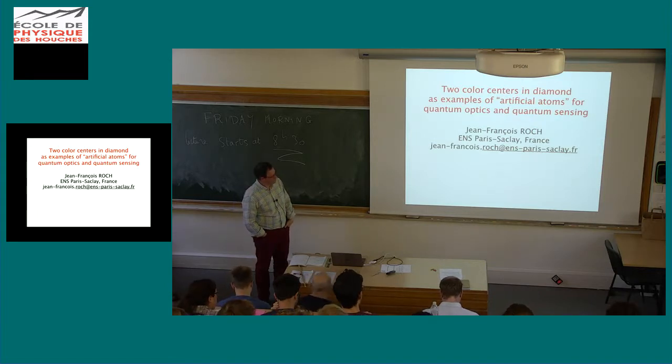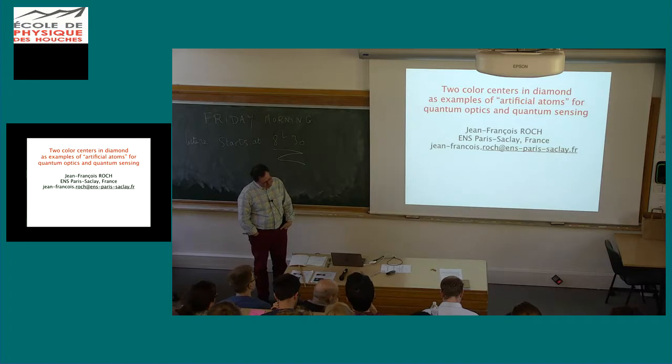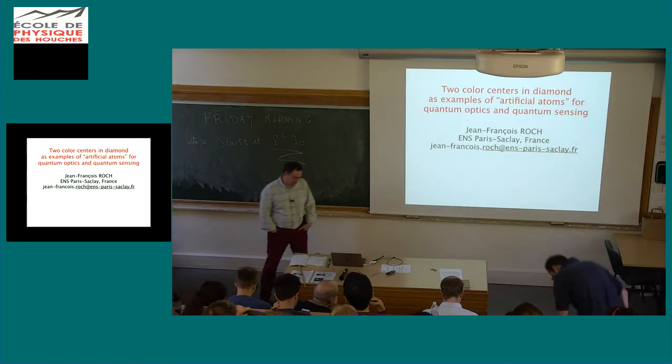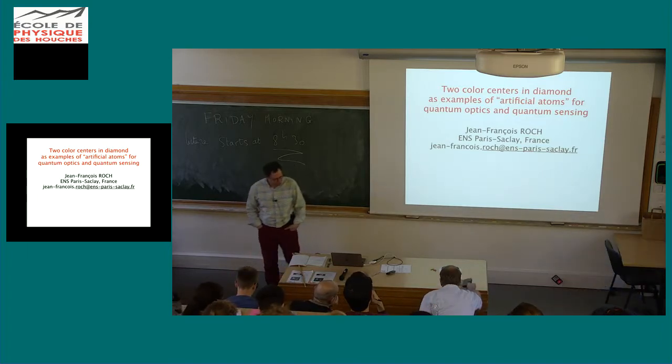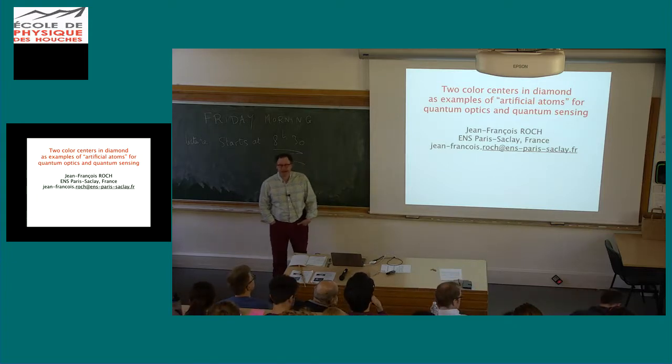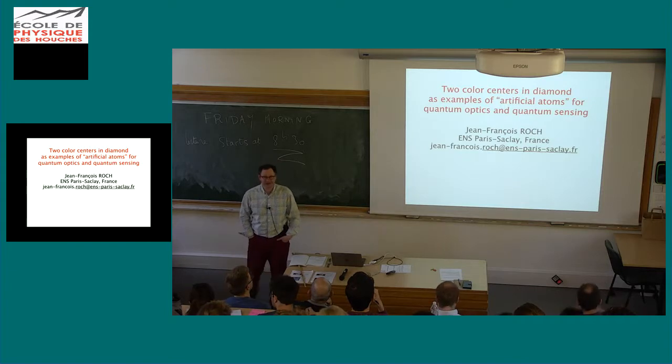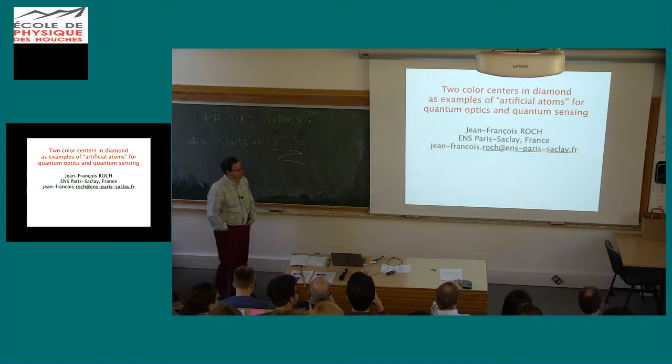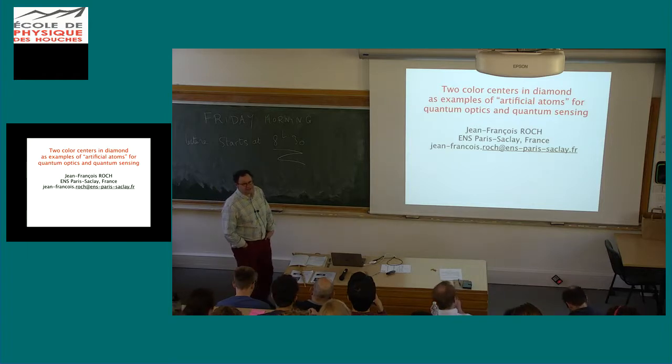I will describe the properties and the structures of two defects in diamond, and describe how we have used them, with a broad community of scientists, for both quantum optics and quantum sensing.